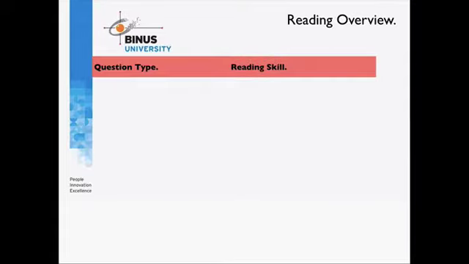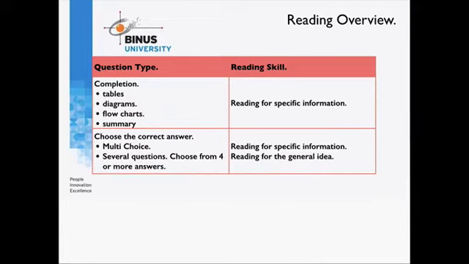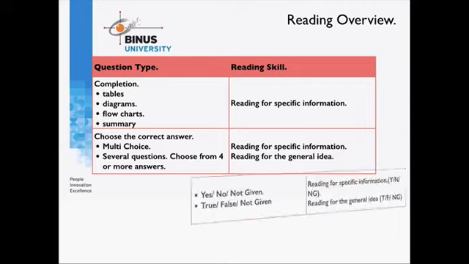So if you look at this table, it just describes some of the examples that we've looked at and the kind of reading skill that I mentioned. So we can see that completion tables, such as completing tables, diagrams, flowcharts, or a summary, is about reading for specific information. And then choosing the correct answer, multiple choice, or choosing from several options could be either reading for specific information or reading for the general idea.